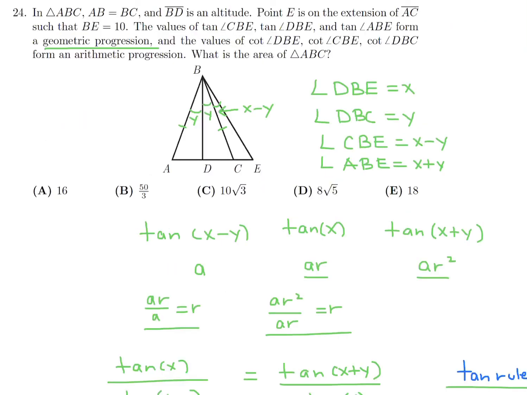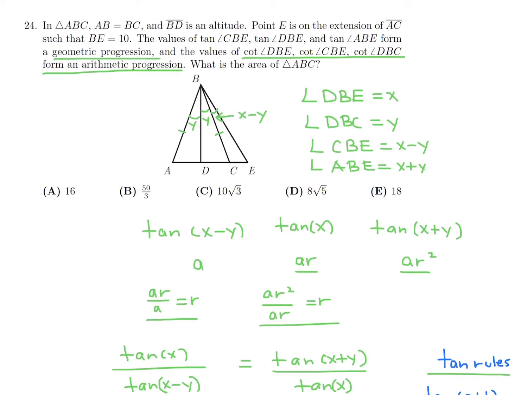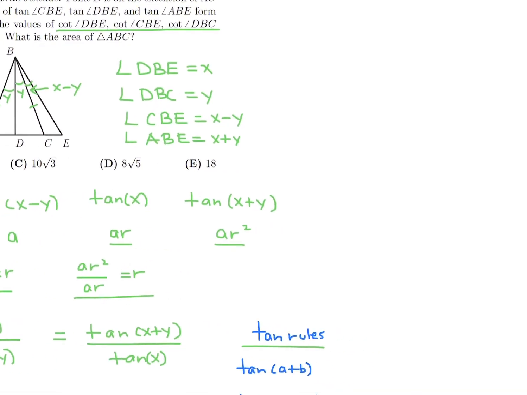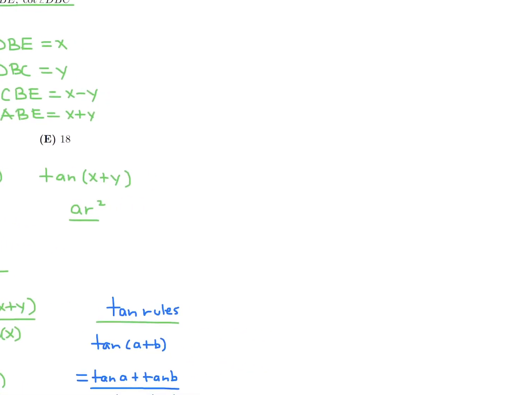piece of information. So now let's go back to the original question and look at the next piece of information, cotangent. All right, so they're saying that the cotangent of DBE, CBE, and DBC form an arithmetic progression. All right, so let's do that on the side here.